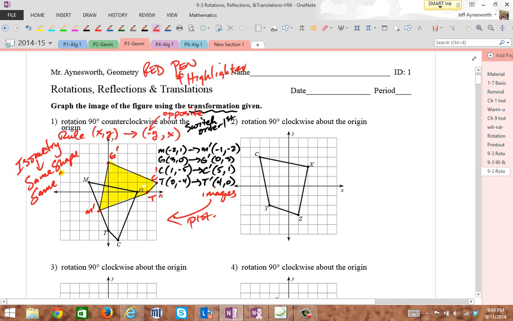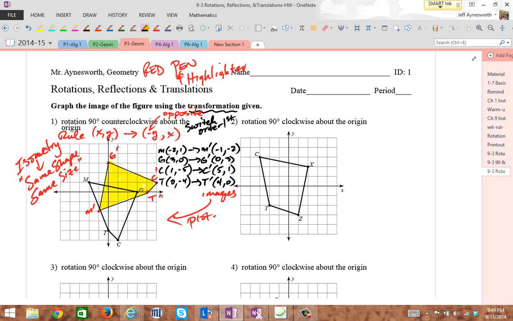Isometries are same shape, same size. All right, so remember that. And if you want to do the trace paper check, go ahead and do that. Because if you don't do it correctly, it won't have the same shape and same size, and it won't be an isometry, which it should be. The only one that's not an isometry, we haven't done it yet, is in the next section. It's called a dilation. So we'll see that next section.